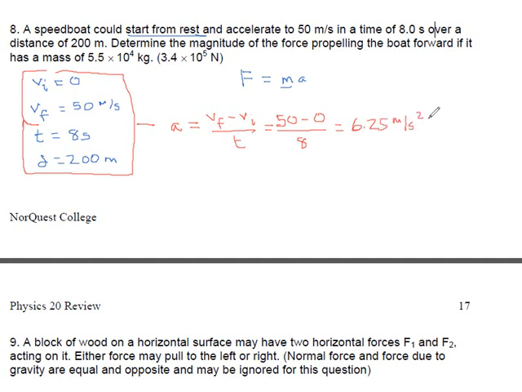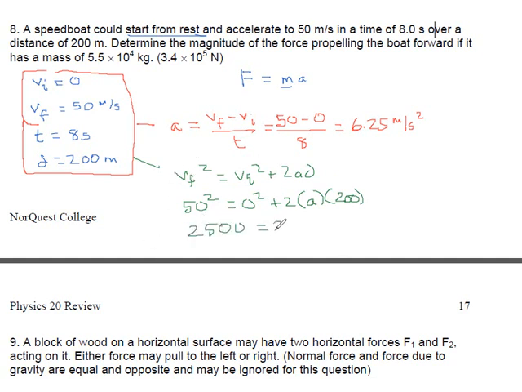meters per second squared. Or, just for grins, let's do this a different way. We could also use Vf squared equals Vi squared plus 2AD. If we do that, we get 50 squared equals 0 squared plus 2 times an acceleration I'm pretending I don't know times 200. 50 squared is 2,500 equals 2, well, 2 times 200 is 400.